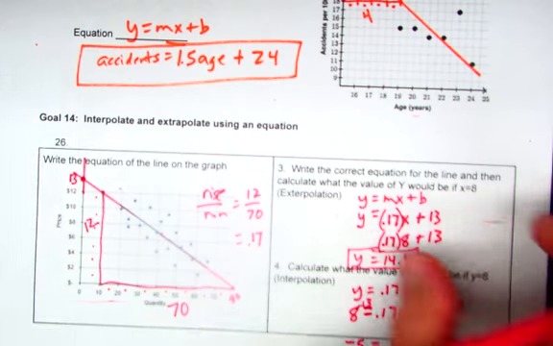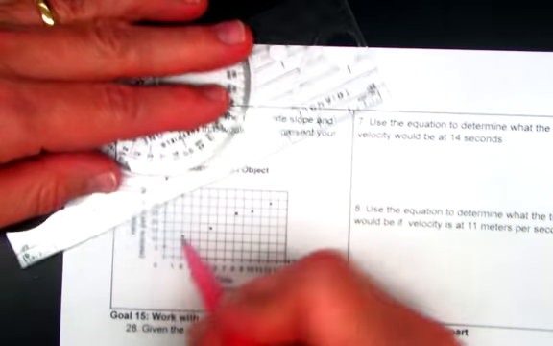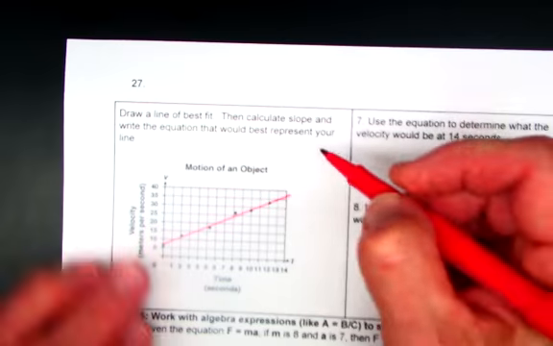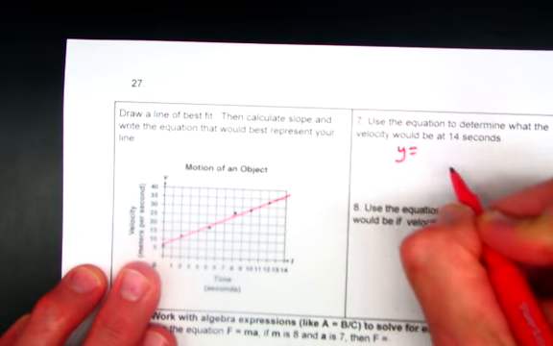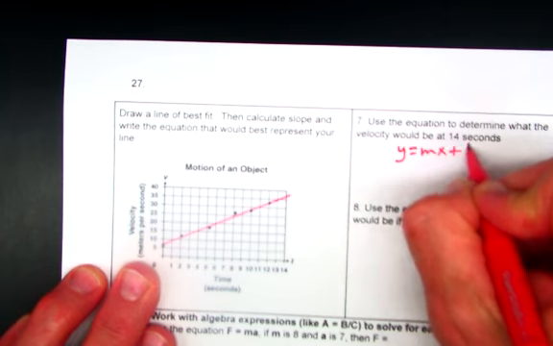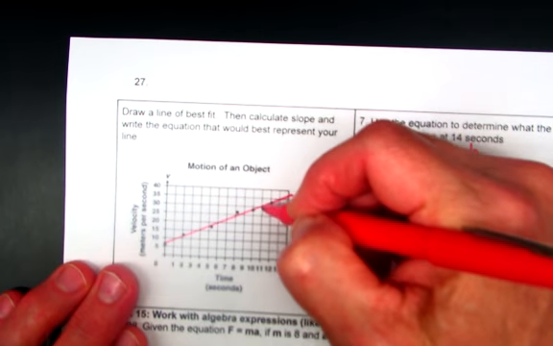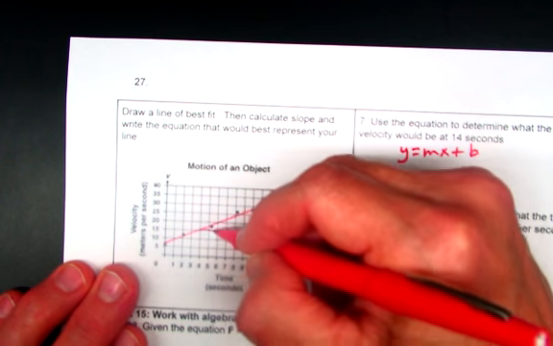One more problem on the next page. 27, same idea, draw a line of best fit. So I'm going to do that. My equation is going to be y equals mx plus b, so I have to find the slope. I think my slope can be here at 30, and down to 15.